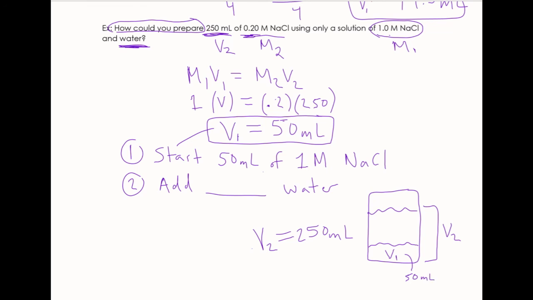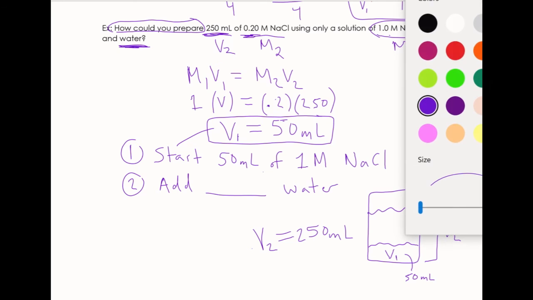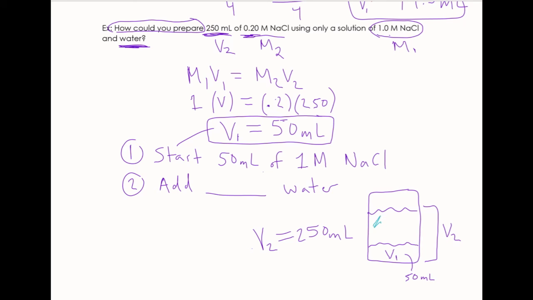So if we're starting with 50 milliliters and we need to get to a total of 250 milliliters, how much water do we need to add? I'm just going to color this in right here so you can visualize it a little better. That's going to be the water portion of our solution. And you can kind of see it's just the easiest subtraction. So if we need to end with 250 and we need to get rid of 50, that's just 200 milliliters of water.